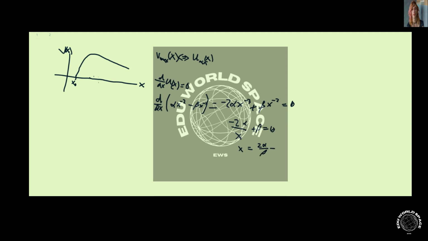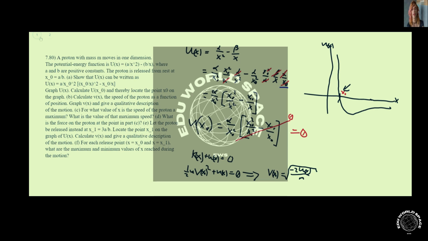And surprisingly, or maybe not, this is equal to 2x naught. So apparently, this point here is 2x naught when it's at a maximum. Okay, so that's interesting. Let's see what's next.